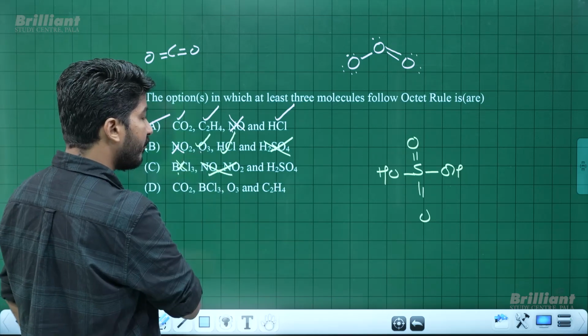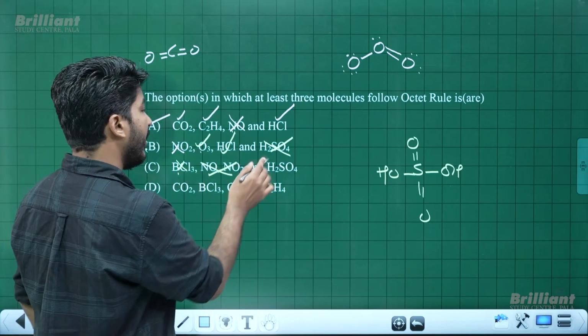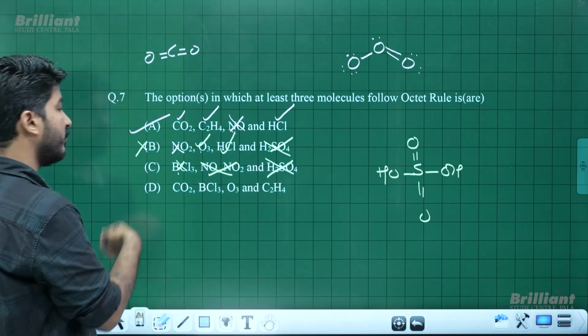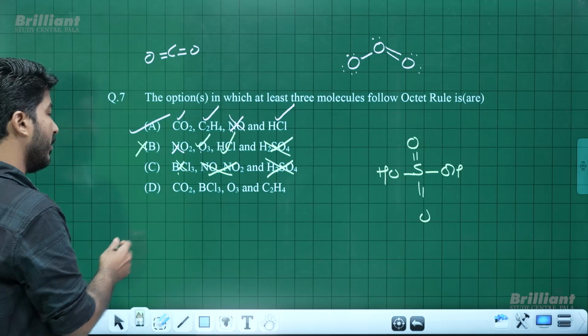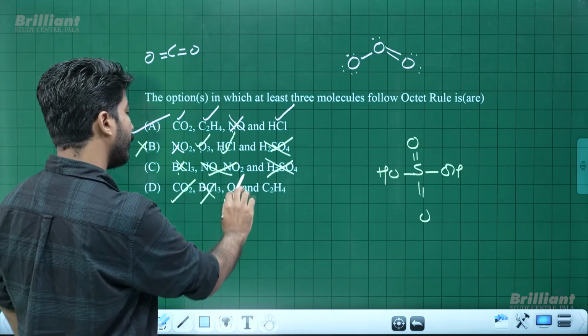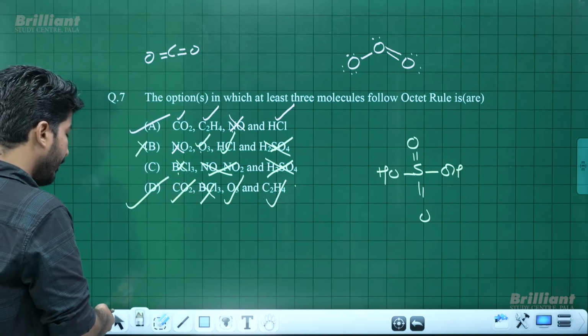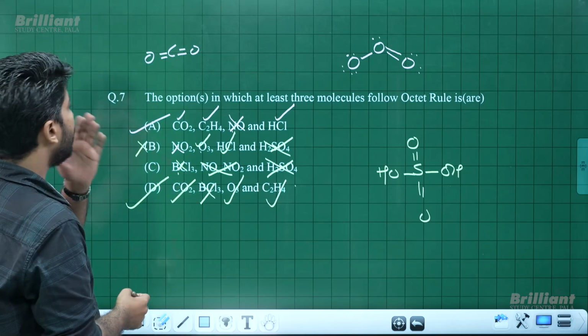These two are odd electron species. H2SO4 is again expanded octet. So none of them is following octet rule. Now, in last option, CO2 follows octet rule, BCl3 does not follow, ozone follows, C2H4 follows. So we can pick option D also. So A and D will be the correct choices for this particular question.